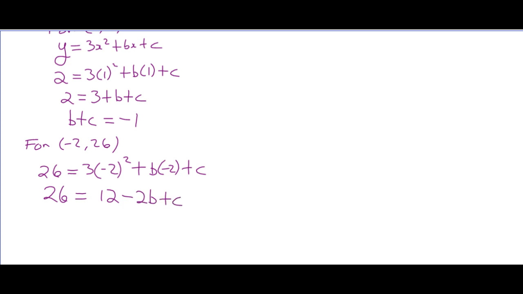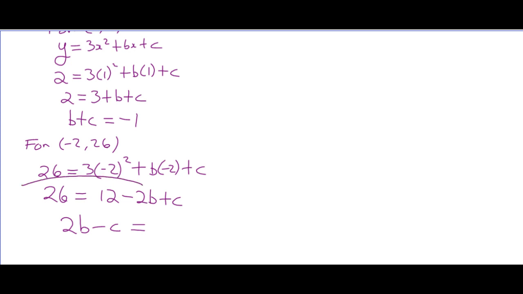So we can do this as what? We've got a couple of choices. We want to write it in this form, so we could go negative 2b plus c equals, or we could go 2b minus c. What if I go 2b minus c? What's that going to be equal to? Minus 14. Here's what we're doing.